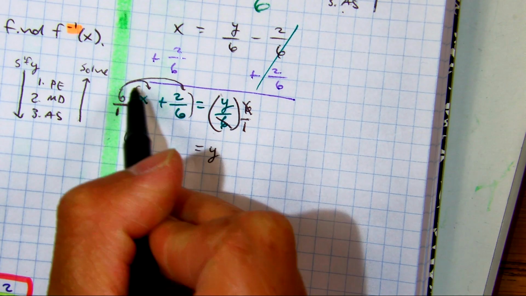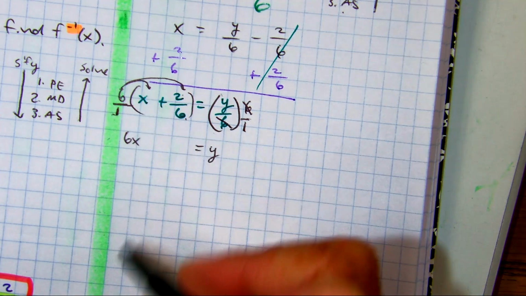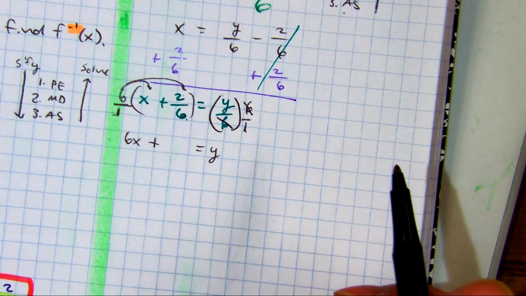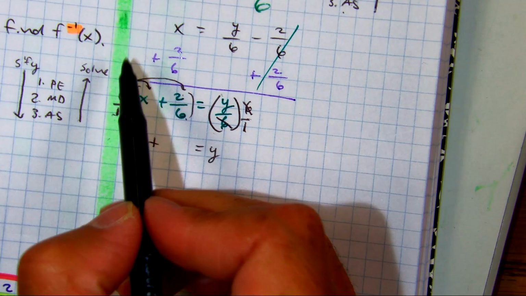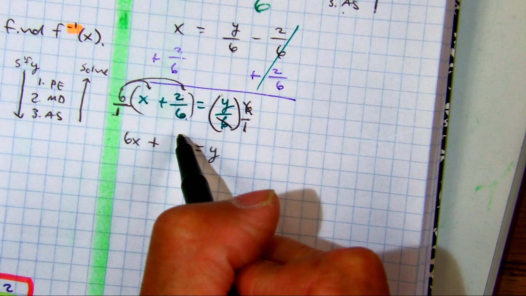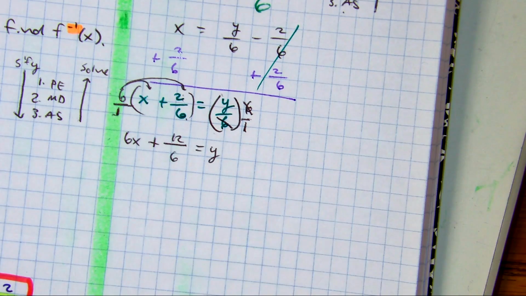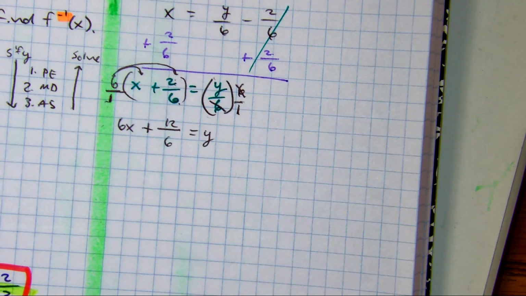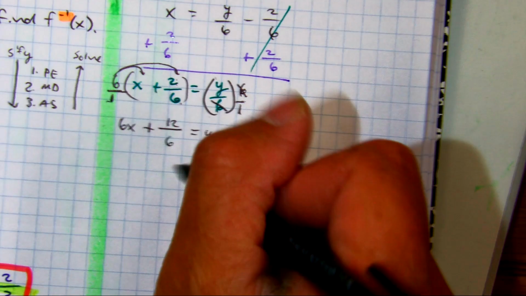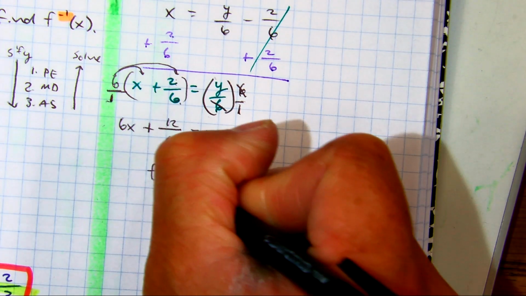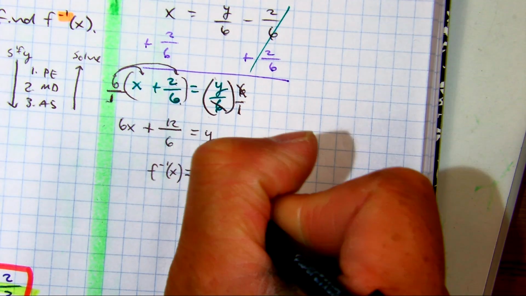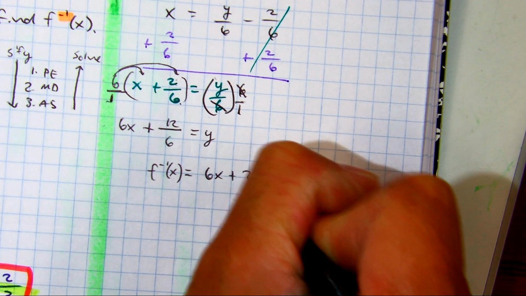You just multiply the tops and multiply the bottoms. Multiply the top, 6 times 2. Multiply the bottoms. And just simplify that. So now I have the inverse of x is equal to 6x plus 2.